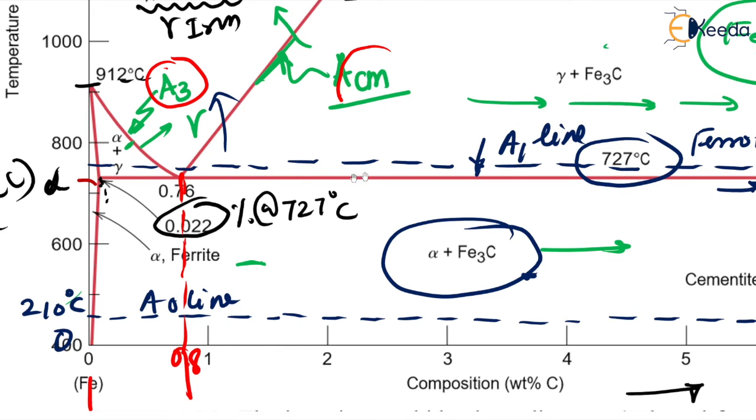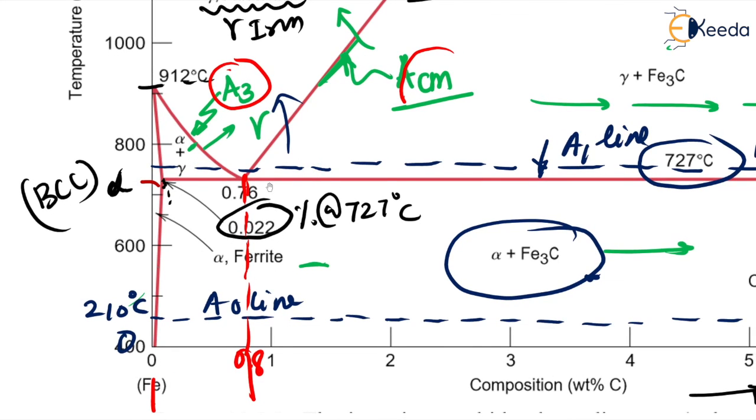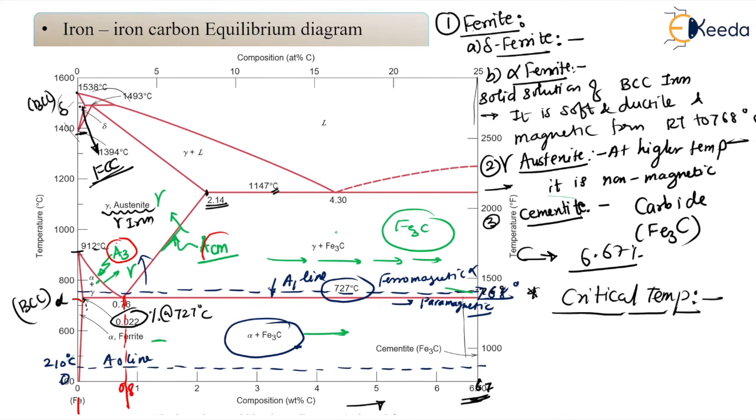As we know, every horizontal line in the phase diagram will give us one reaction. If anybody asks you how many reactions we are having in this iron-iron carbon equilibrium diagram, see, this is horizontal line number 1, this is horizontal line number 2, and dear students, this is horizontal line number 3.